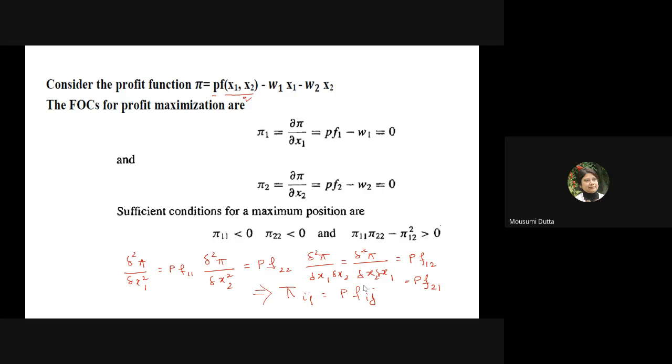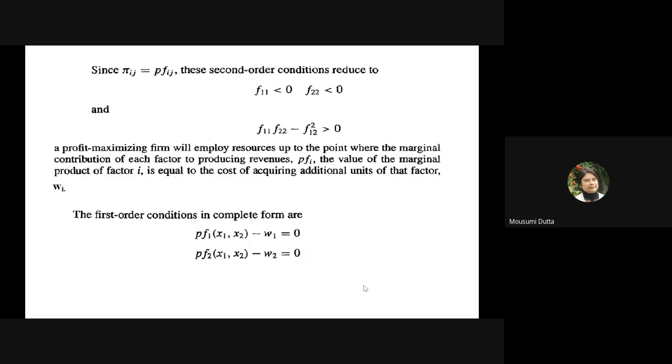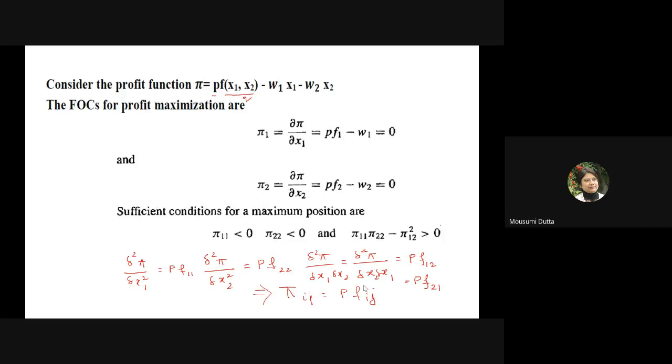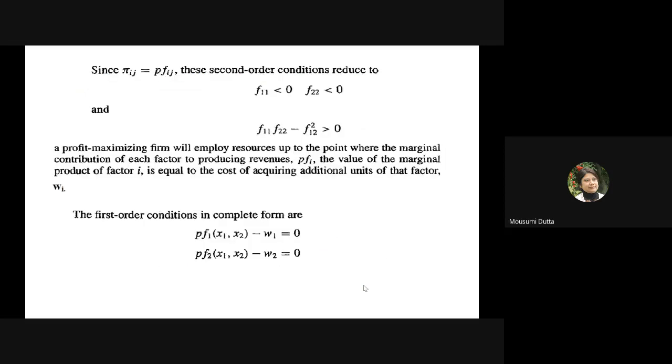So pi ij is equal to P f ij. So the second order conditions which I first wrote in terms of pi 1 1, pi 2 2, etc., can we write them in terms of f then? Because P is a constant. If P is a constant, can we write all pi notations in terms of F notation?